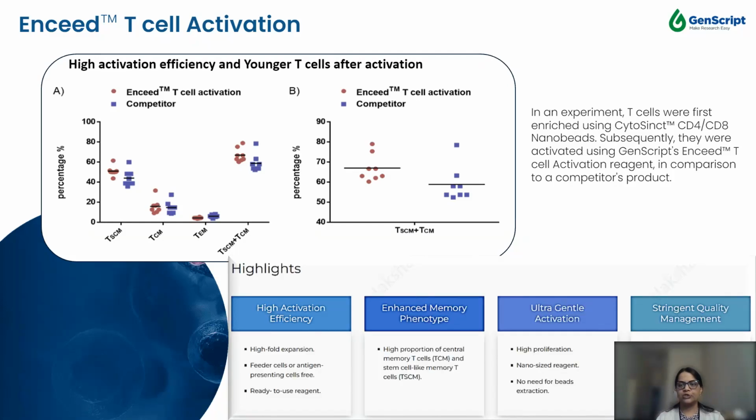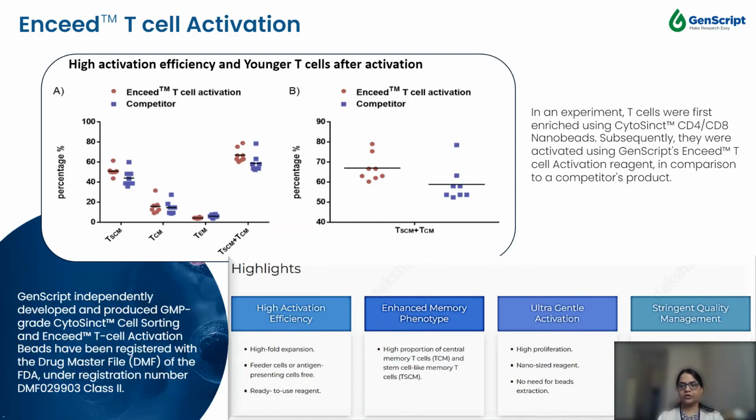This ready-to-use reagent consists of anti-CD3 and anti-CD28 coupled NanoBit. Recently we submitted a drug master file, and the register number is also available. So this is completely working well in clinical and manufacturing backgrounds.